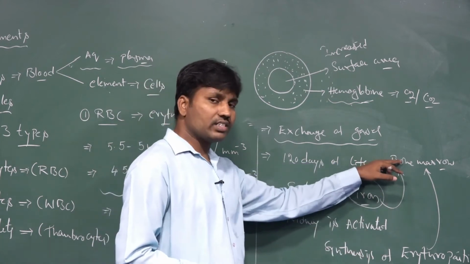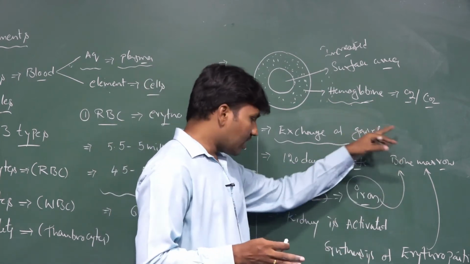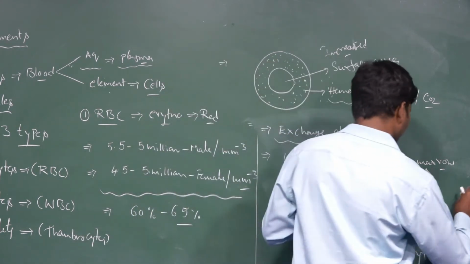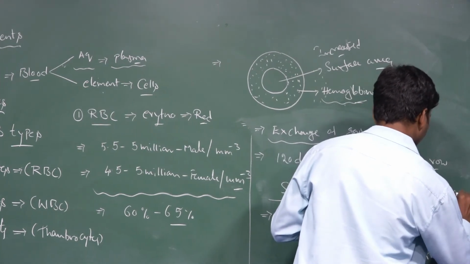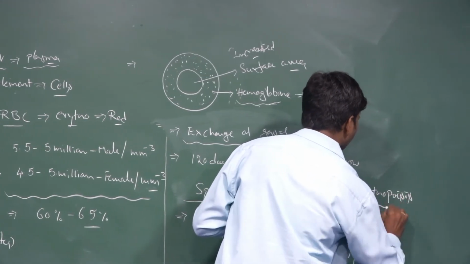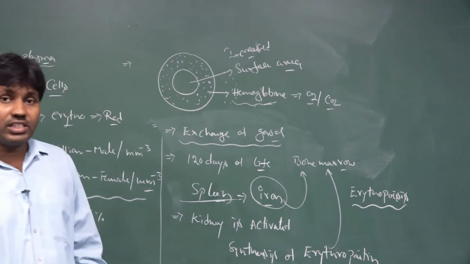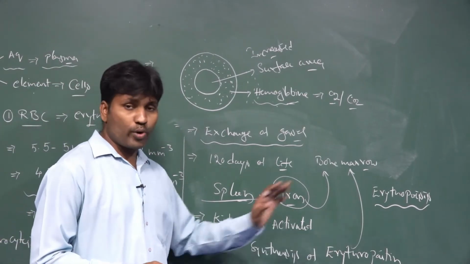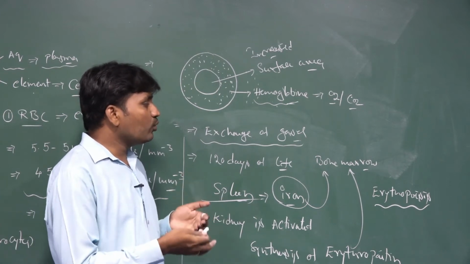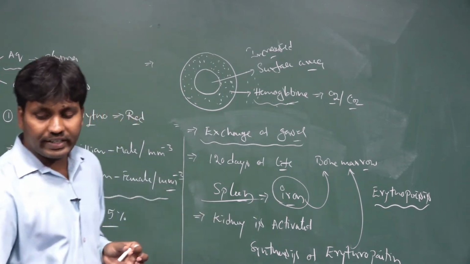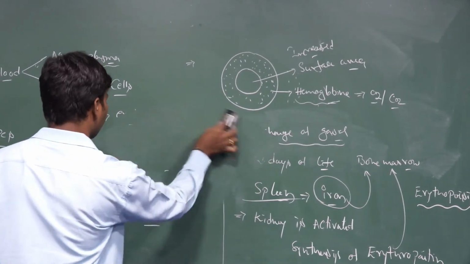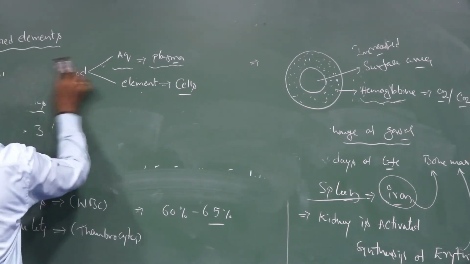The bone marrow mother cells divide continuously and differentiate as RBC. This process is called erythropoiesis. It occurs because of erythropoietin, which is secreted by the kidney. Like this, the RBC is produced in the body, and they conduct the transport and exchange of gases between the cells and the tissues.